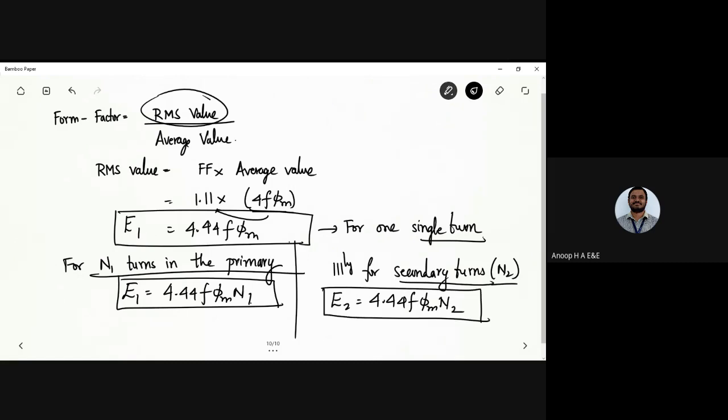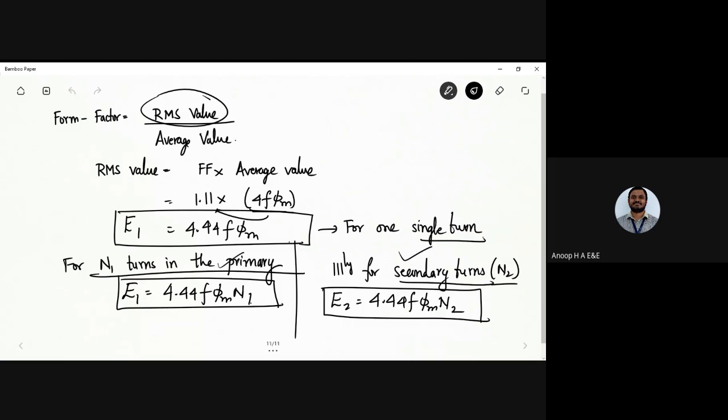Got it? So this is how you can obtain the equations for E1 and E2, which is E1 equals 4.44 into f into phi m into N1. Next, we have E2 as 4.44 into f into phi m into N2. So this is for the secondary side, and this one is for the primary side of the transformer.